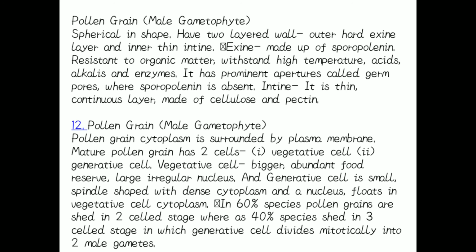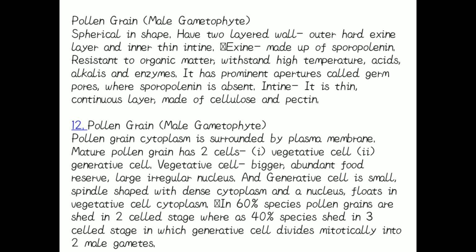Intine, the other layer or wall of the pollen grain, is a thin, continuous layer made up of cellulose and pectin. Sporopollenin is absent in the inner layer intine. Pollen grains, male gametophyte. The cytoplasm is surrounded by the plasma membrane.